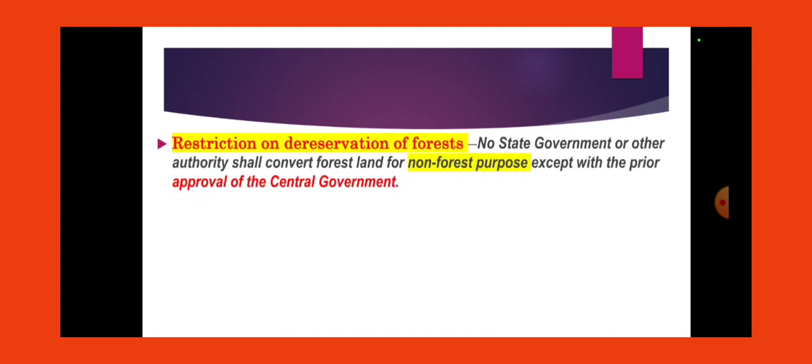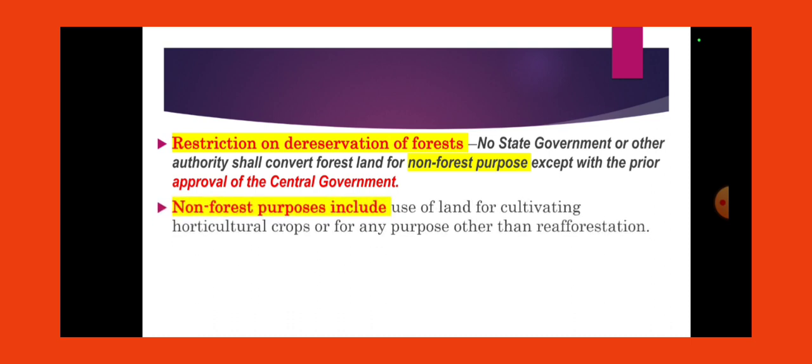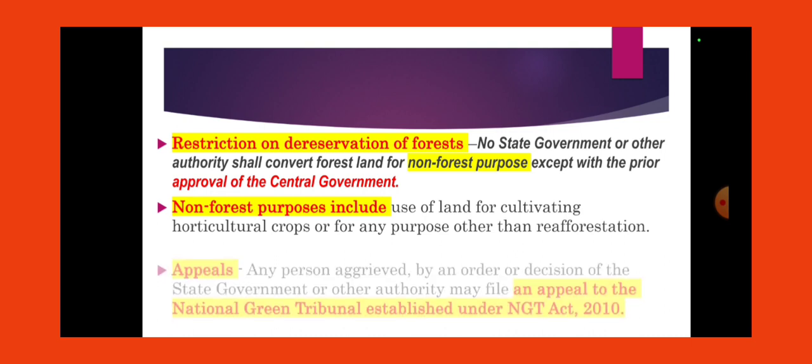Restrictions on dereservation of forests. No state government or other authority shall convert forest land for non-forest purpose except with the prior approval of the central government. Non-forest purpose includes use of land for cultivating horticulture crops or for any purpose other than reforestation.